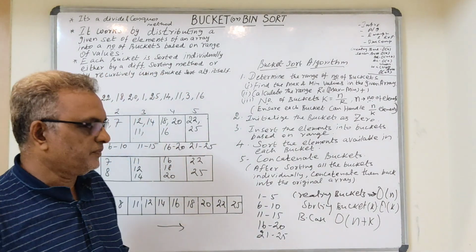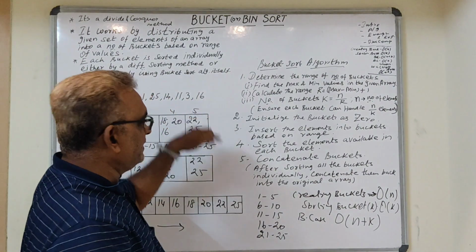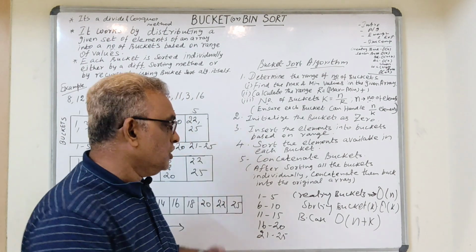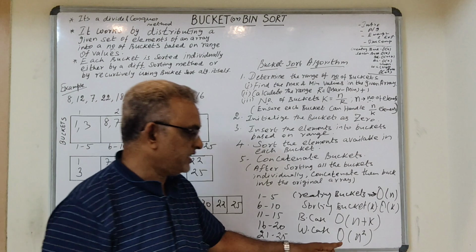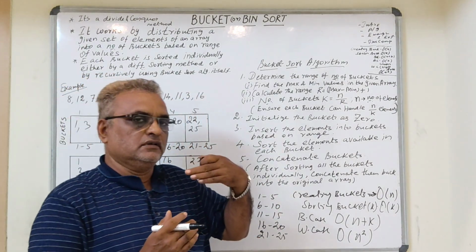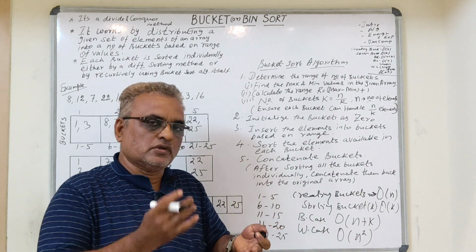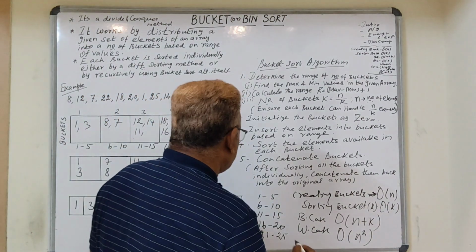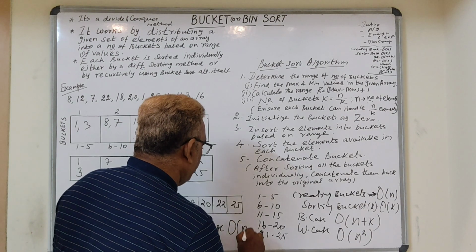For the worst case, let us consider you have only one bucket, all the elements are stored in that bucket, and you are using an algorithm like insertion sort or selection sort. Being the case, the worst case time complexity is order of n square. Suppose the elements are distributed equally and all the values are linear, it takes linear time, so that is the average case.